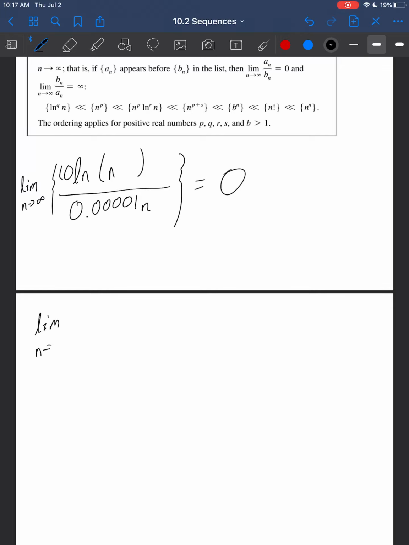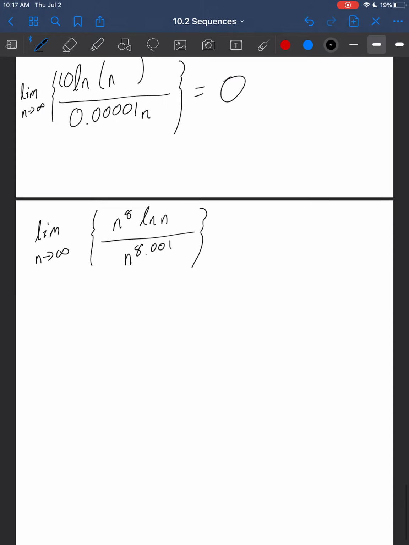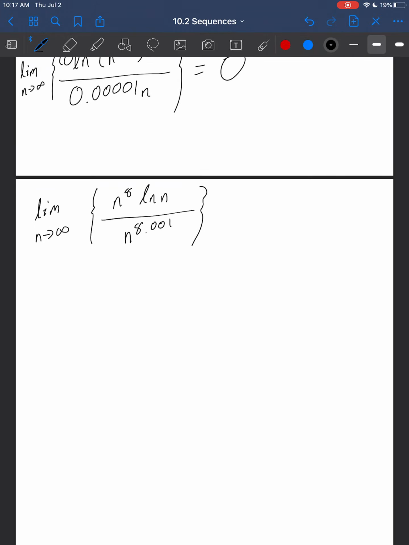Okay, so next one, the limit as n goes to infinity of n to the 8th times ln n over n to the 8.001. So just dividing out, we can subtract the 8 from the top and the bottom.